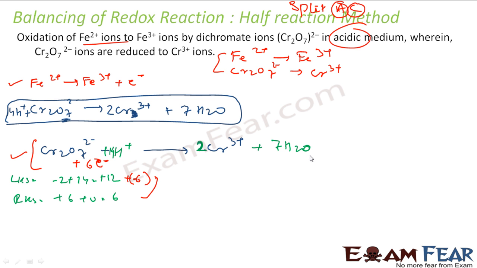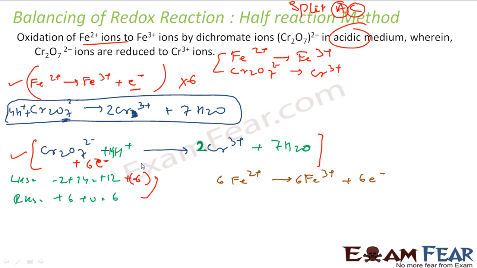Now the only thing left is we have to balance the electrons and add the reactions. This is 6 electrons, this is 1 electron. So what we can do is multiply this with 6 so that we get 6 electrons on both sides. Let me write these two reactions now. This one, by multiplying with 6, you get 6 Fe2+ gives 6 Fe3+ plus 6 e-.